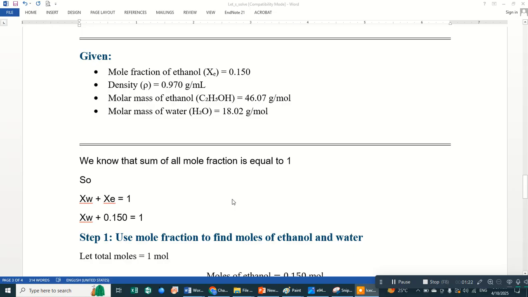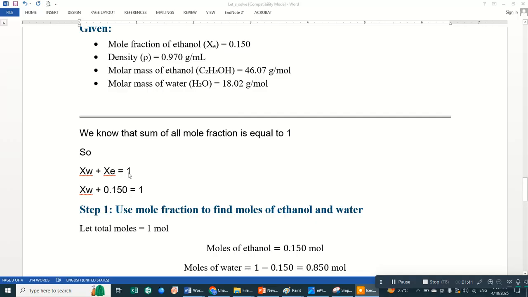Now we know that the sum of the mole fractions of all the solutes plus solvent is equal to 1. Ethanol is the solute and water is the solvent, but the sum of the mole fractions must be equal to 1, so the mole fraction of water plus the mole fraction of ethanol is equal to 1. The mole fraction of ethanol is 0.15.